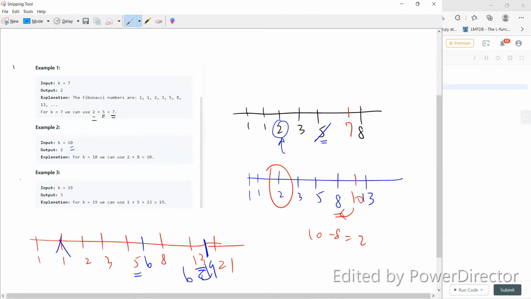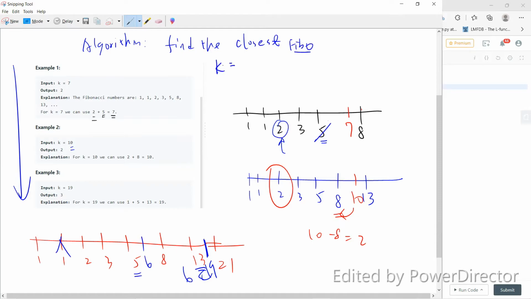Okay, so simply speaking, you can see from here that the algorithm is very trivial. Just find the closest Fibonacci number, and k minus-equals that Fibonacci number. If k is 0, then stop.